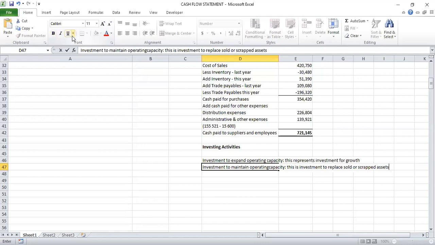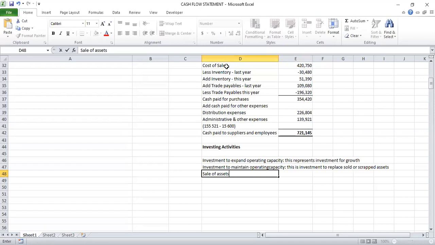So that will be investment to maintain operating capacity. When we say you are maintaining operating capacity, we are saying you are simply making sure that you operate at the desired level. So you are just replacing assets that are worn out. Then we'll have, of course, the sale of assets. So we have to check if there is investment to expand, and if there is investment to maintain operating capacity.